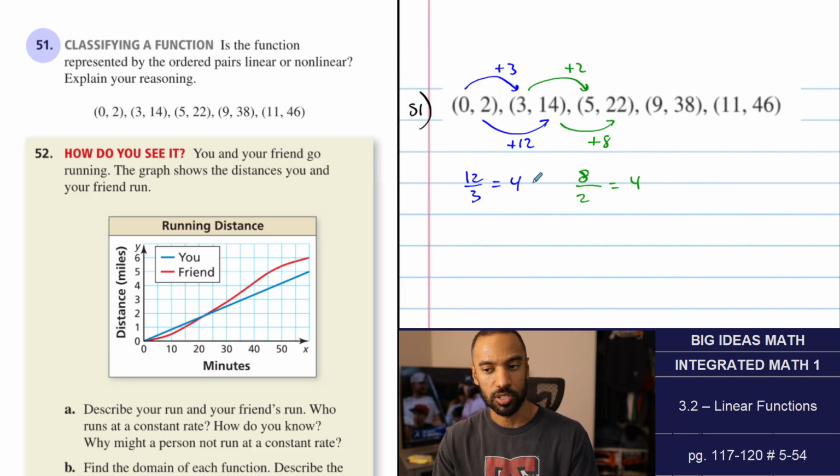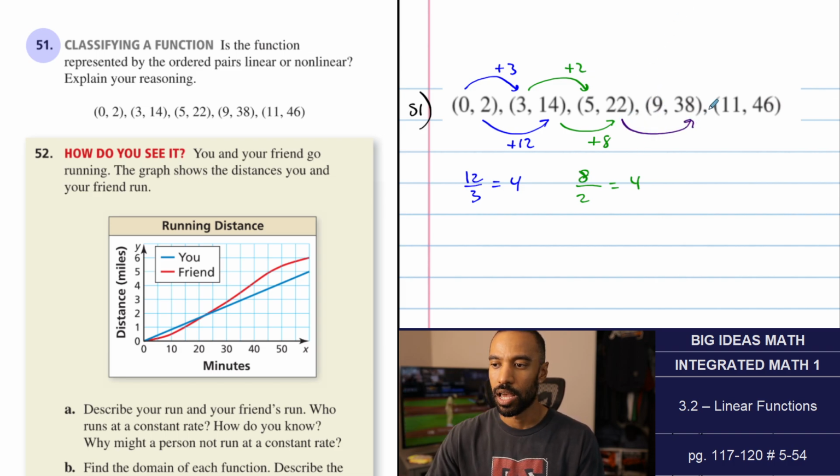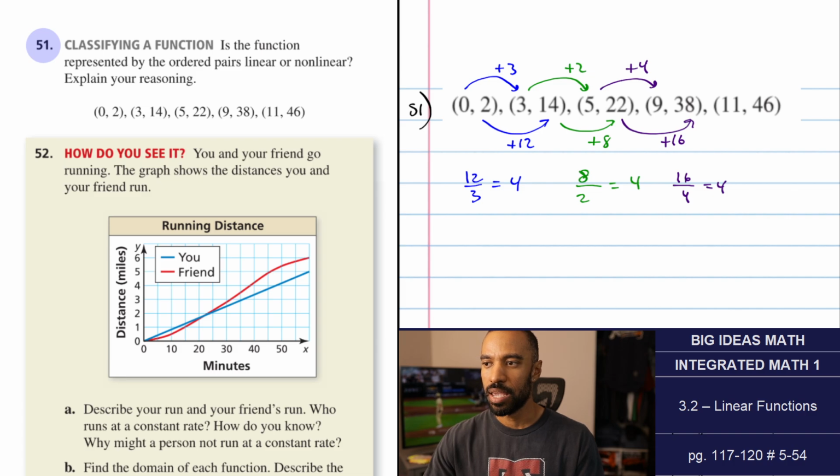Y increases by 4 every time. So that's the same so far. Let's keep going. Let's see if it ever breaks, I'll stop. If it continues, I'll keep going until there's no more. 22 plus 16 and 5 plus 4 gives us that, and 16 over 4 is also 4. Now this would just be mean if it doesn't work for the last one, but let's give it a shot.